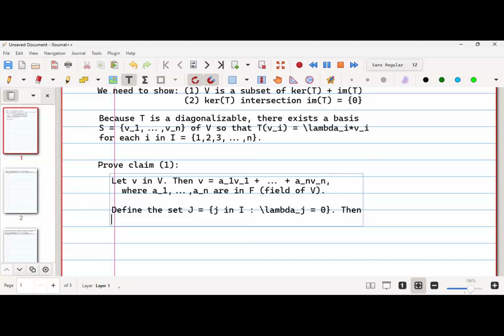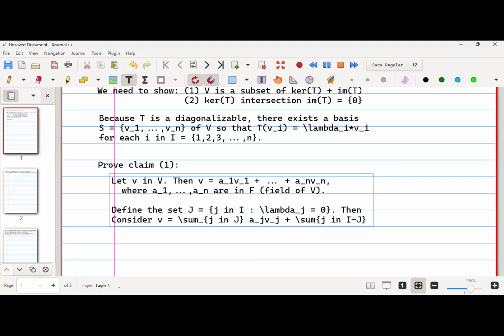All right, then consider, we're just gonna have to run with this. The sum over j in J, a_j v_j, plus the sum over j in I minus J. What I mean by I minus J is all the vectors in I that are not in J, right?